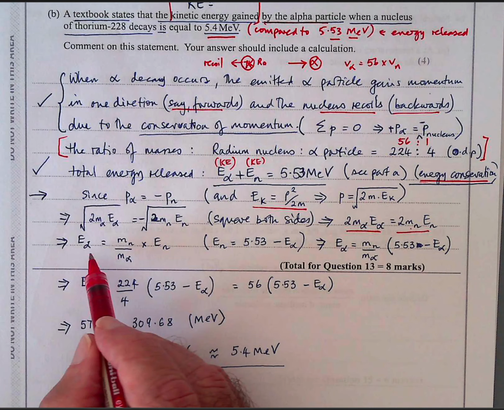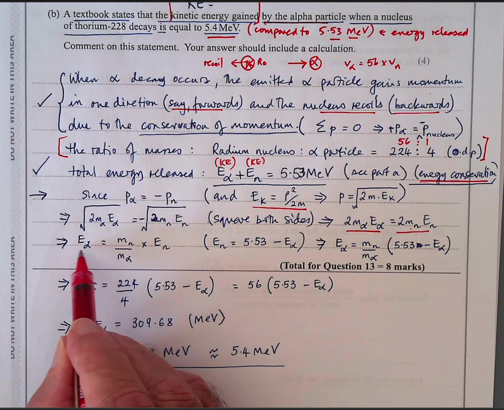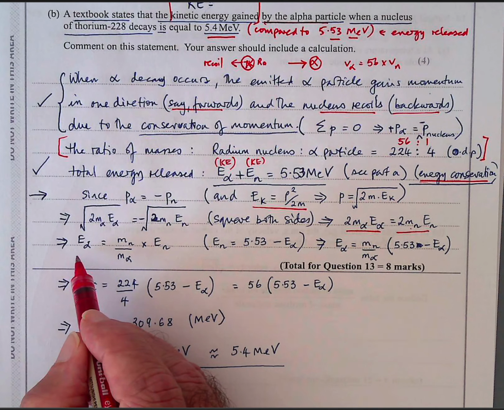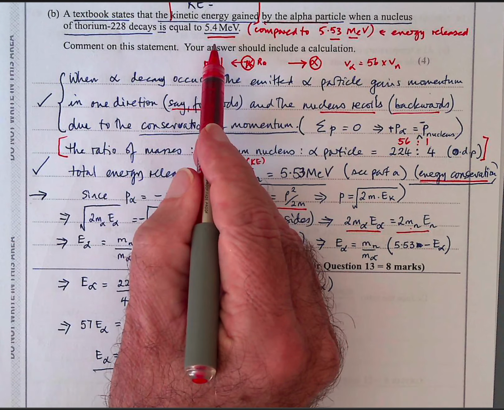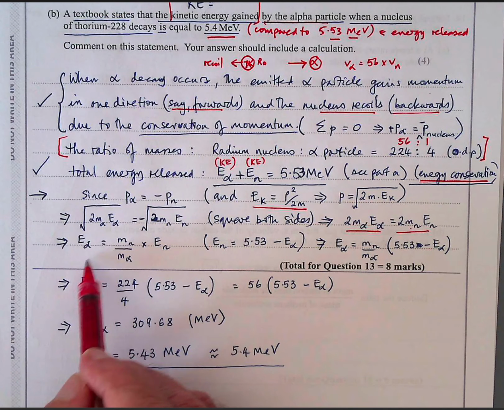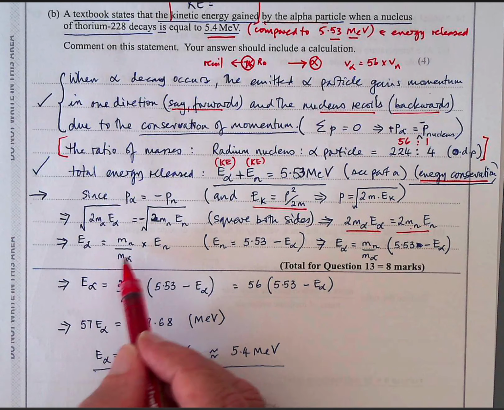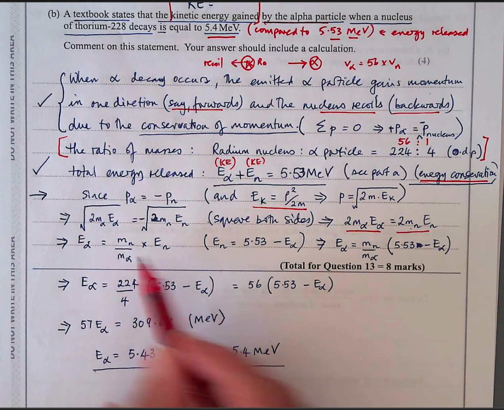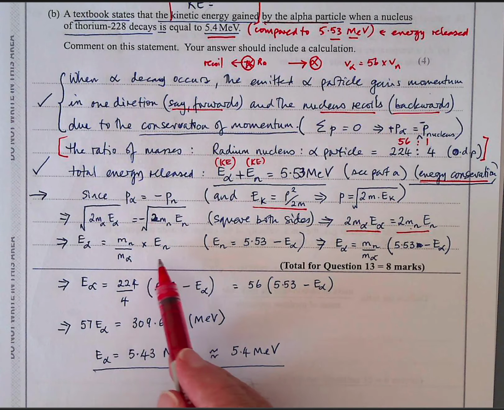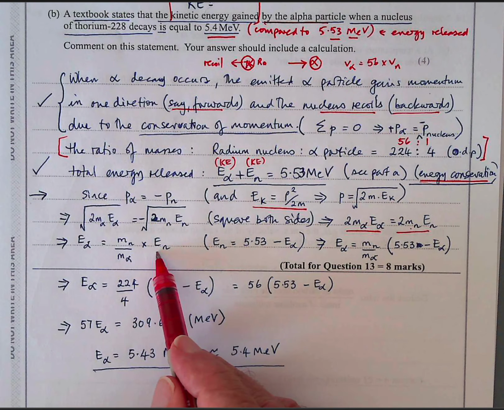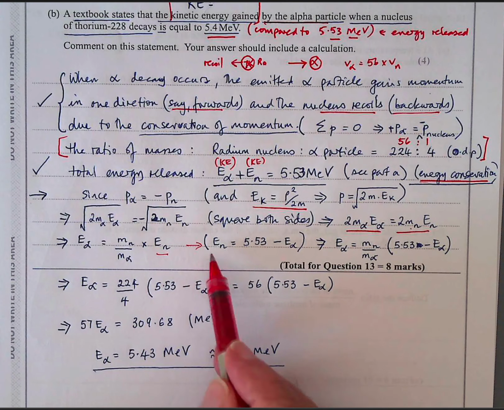By changing the subject of the formula, because this is what we want to work out, we want the kinetic energy of the alpha particle. Remember, all these energies are kinetic. It is the ratio of the masses, which we've already worked out is 56 to 1, multiplied by the energy of the nucleus.